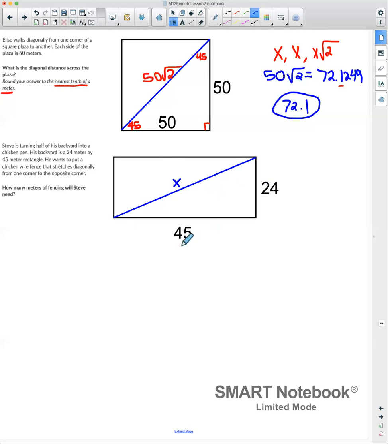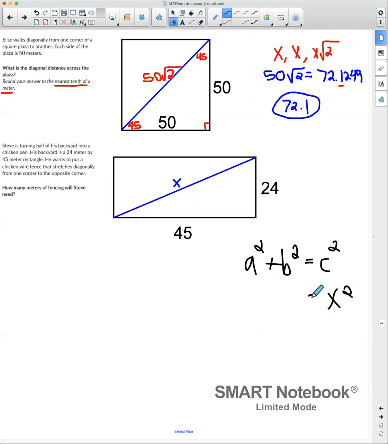24, 45. Is this one of our Pythagorean triples? It doesn't look like it, because it's not a multiple of any of them. So in this case, we have to use the Pythagorean theorem. I guess we'll write the formula first. Always do that. It helps you remember it as well. So that's the hypotenuse. We're just missing the c value.